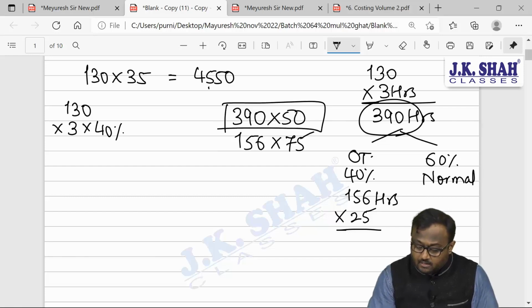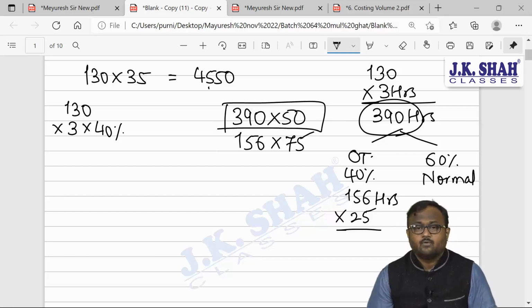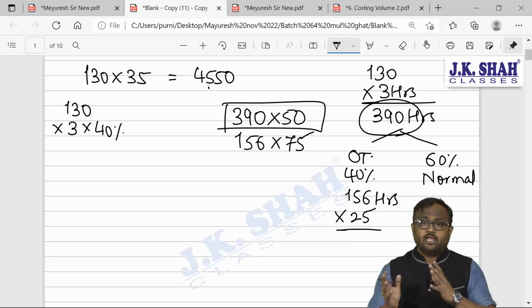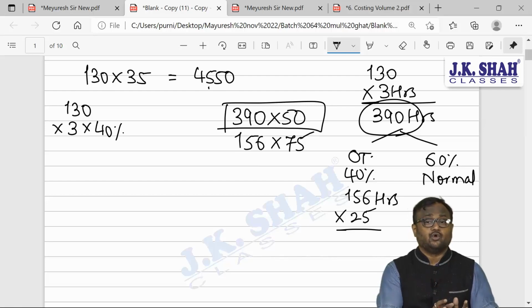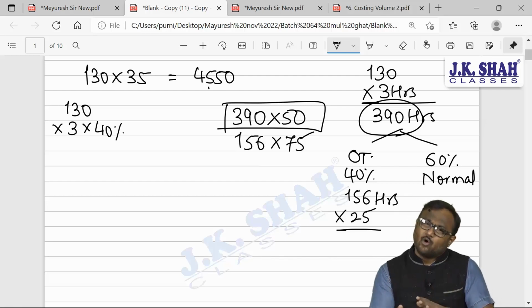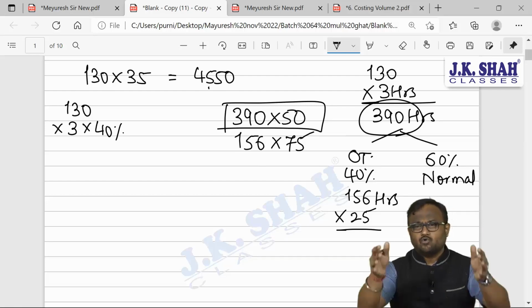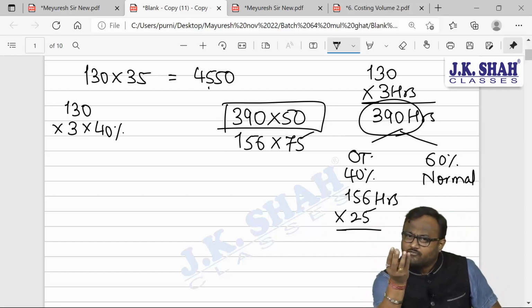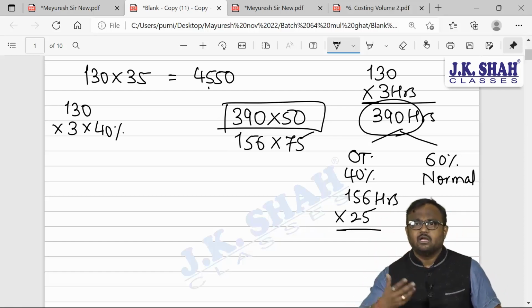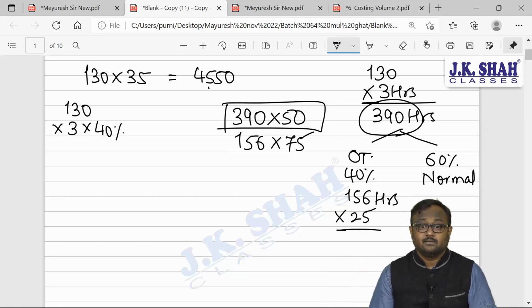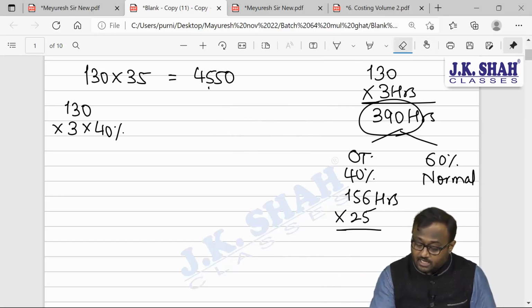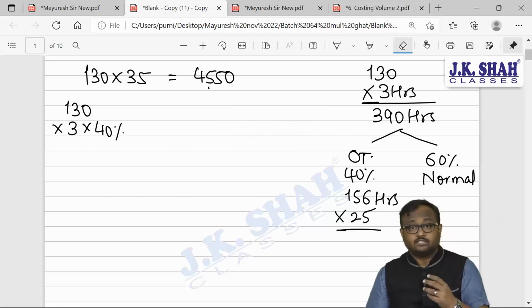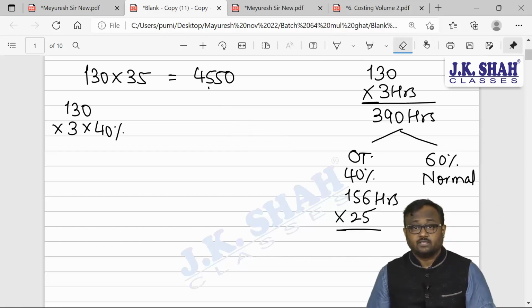This has already come in labour too. If you recall the chart that we have discussed, if you already have excess time and you're not going to retrench your workers, you have already paid them for that excess time. So out of that excess time, if you're making them work for some time, that is fine. You're not incurring any extra cost for that. The question has not said that there is an excess utilization of capacity.